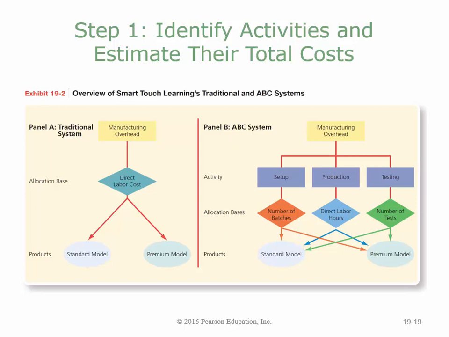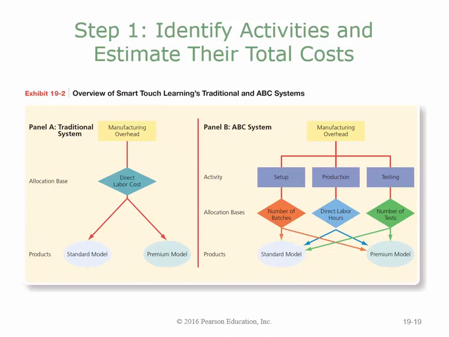So what you have to do is say, well, how much of the overhead is part of setup, how much is part of production, how much is part of testing? So someone's got to make that estimation. And then you have to say, well, what are the allocation bases? For setup, they decide it's the number of batches, because each time they run a batch, they have to set up the machinery differently.